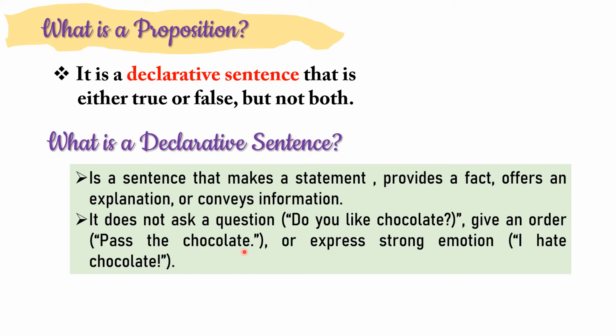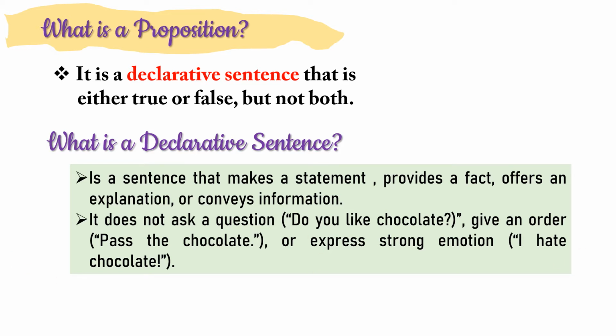Or it does not also express strong emotion like I hate chocolate, since the sentence here is an exclamatory sentence. Now, for a sentence to be a proposition, it must be a declarative sentence. And here are the characteristics as what I have discussed to you.